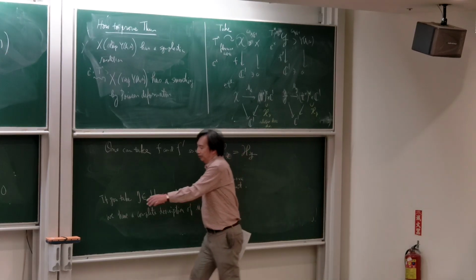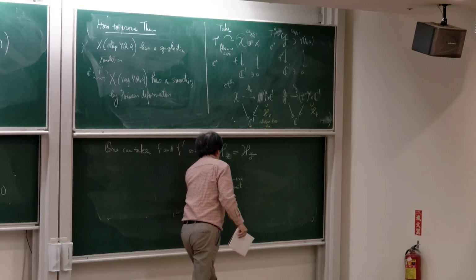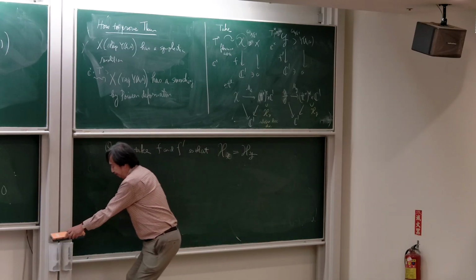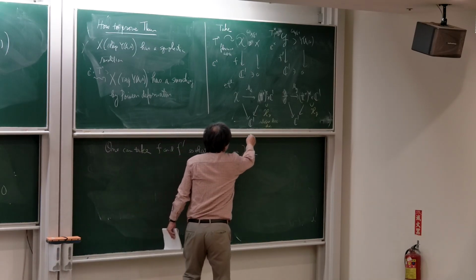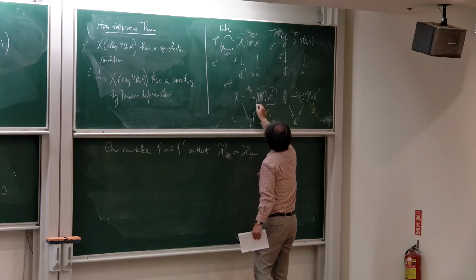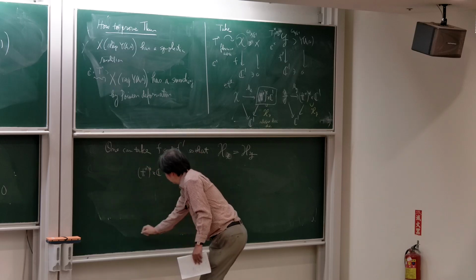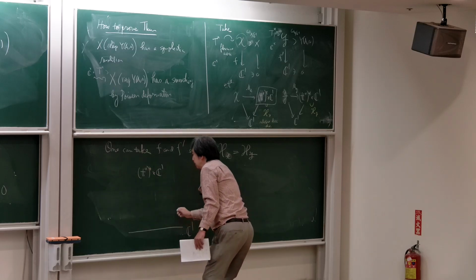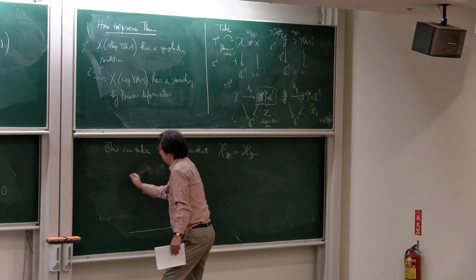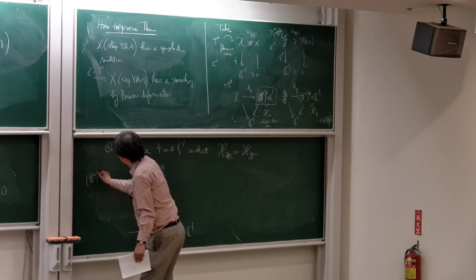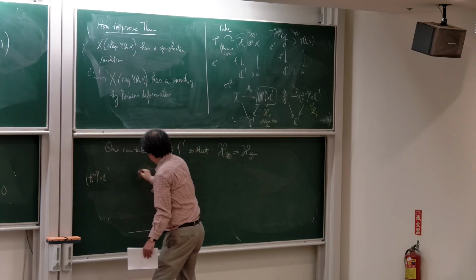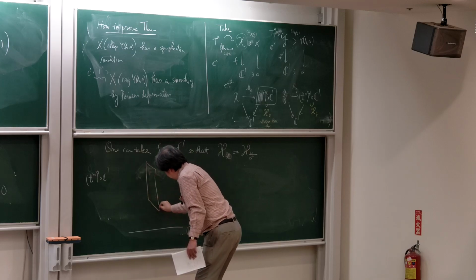What is the situation? The situation is this. Here, this is the base space of the moment map. And this is C1, so this is Tn star C1. And here, this is 0.